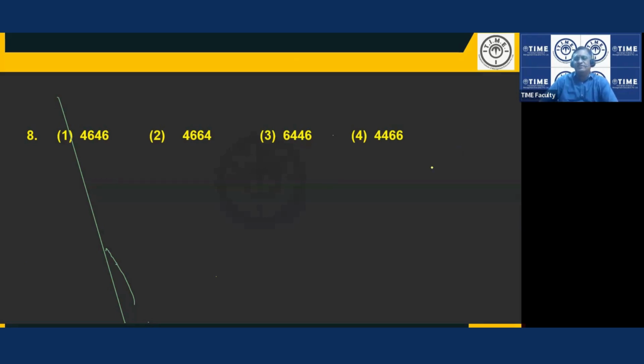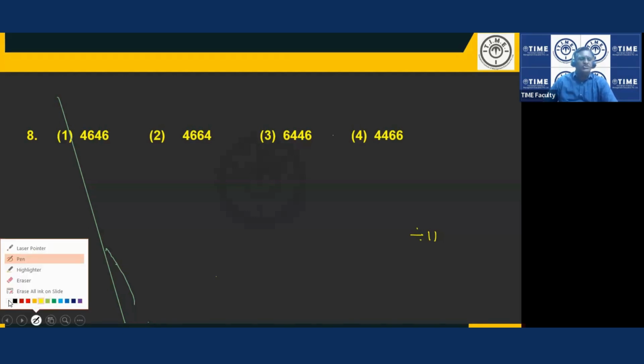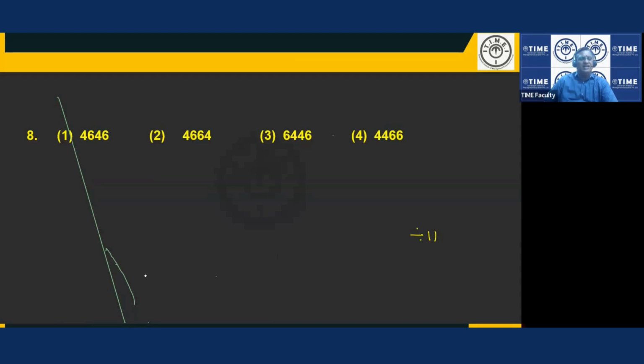Divisibility rule of 11. Do you know what is the condition to check if a number is divisible by 11? For the sum of the alternate digits, the difference should be 0 or 11. For example, I am going to check the fourth option. Sum of the alternate digits 4, 6, 10. The other alternate digits 4, 6, 10. Difference is 0, so divisible by 11. 6, 4, 10 and again 4, 6, 10.